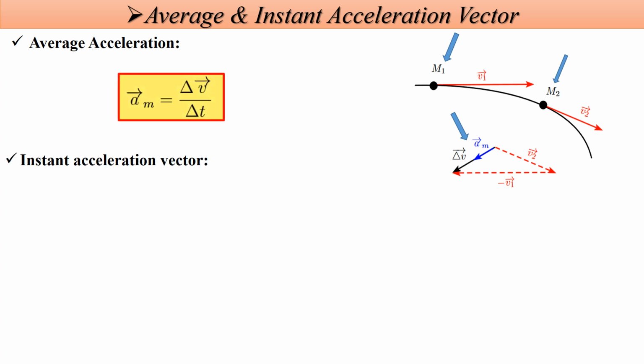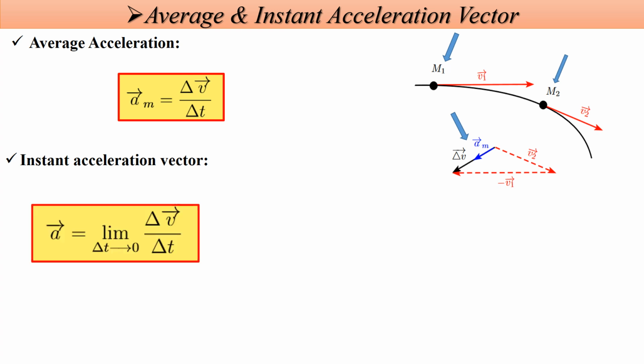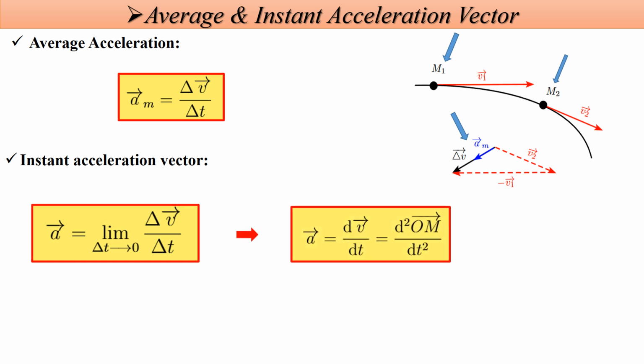The instant acceleration vector of the material point allows us to know the acceleration of this point at a given time. It's obtained by reducing the time interval delta t to zero. We recognize the expression of a derivative and we note it.